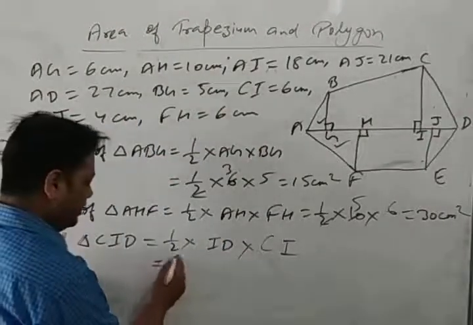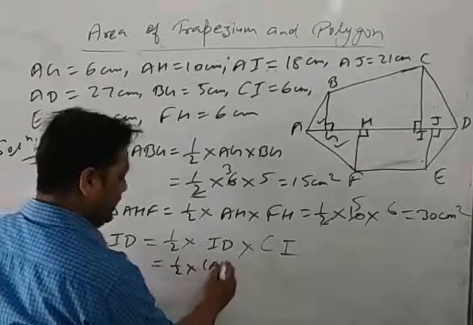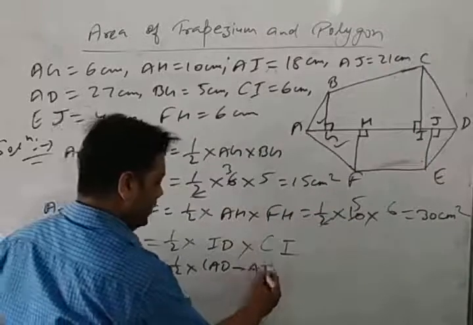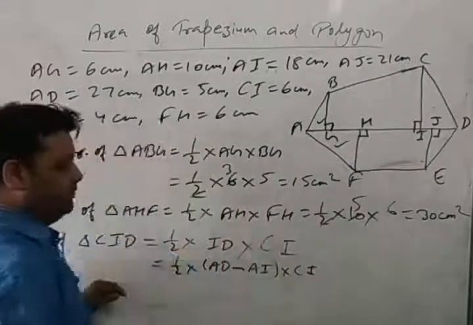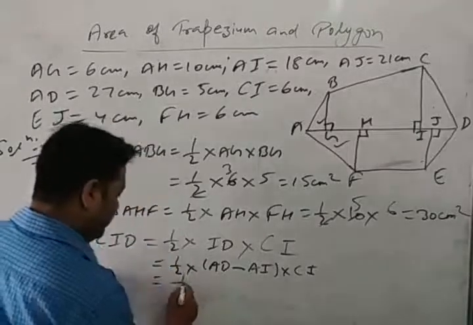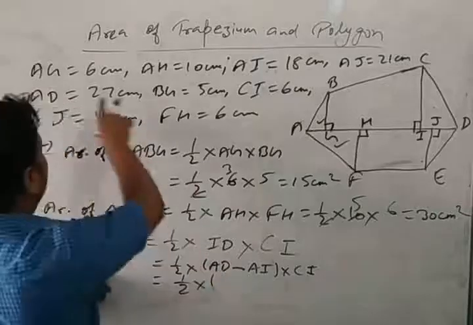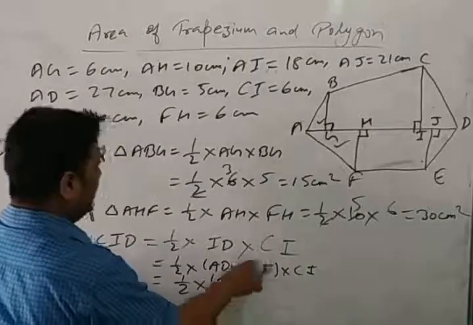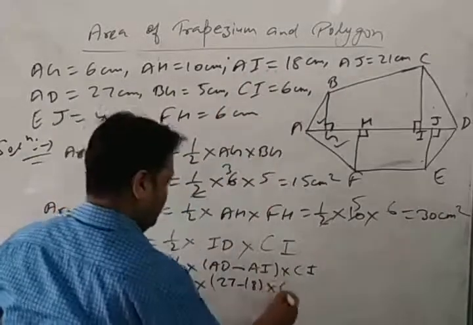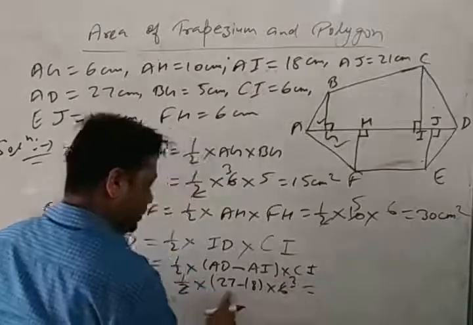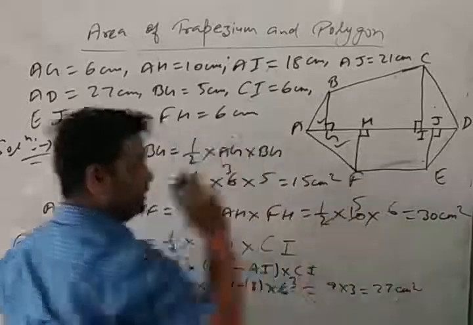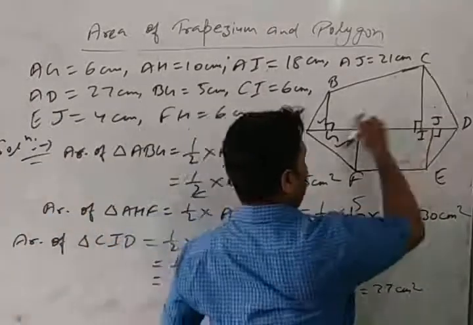So we can write ID as AD minus AI, into CI, which is already given. Putting the values: 1 by 2, AD is 27, AI is 18, into CI which is 6. So 2 threes are 6. Now subtracting, you get 9. So 9 into 3 is 27 centimeters. We have already found these 3 triangles' areas.